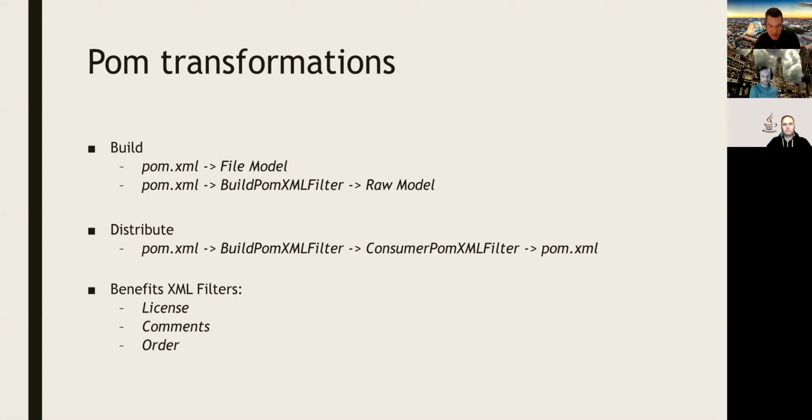Also, if there are comments in your POM file, those will probably be lost. And also the order of elements. For some that is quite critical, it should be in a specific order. By using XML transformation, we can keep this order. And it seems to be very fast actually. So that's a couple of reasons why I decided to choose XML filters.